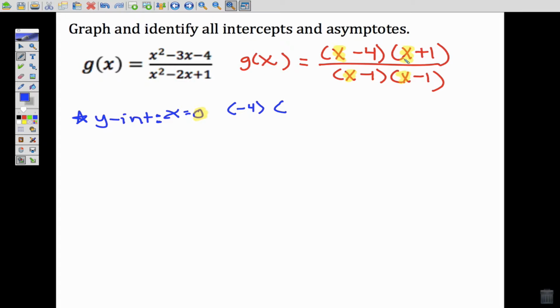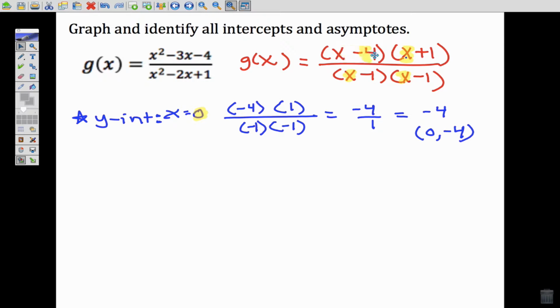I will have 0 plus 1, that's 1, divided by 0 minus 1, negative 1, 0 minus 1, another negative 1. And then remember, this is factored form, so we're multiplying everything. So we multiply the top and get negative 4. Multiply the bottom, you get 1. And so the y-intercept is happening at negative 4, or when x is 0, y is negative 4.